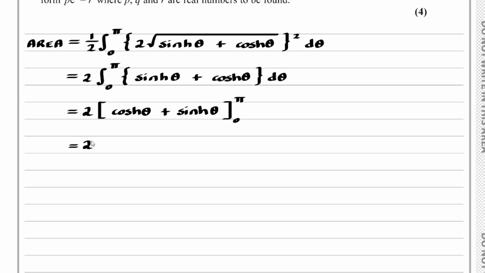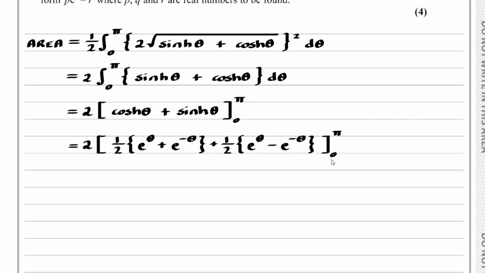So we have 2 multiplied by, well, cosh theta is the same as 1/2 multiplied by e to the theta plus e to the negative theta, and sinh theta is the same as 1/2 multiplied by e to the theta subtract e to the negative theta. And of course, we evaluate between 0 and pi.